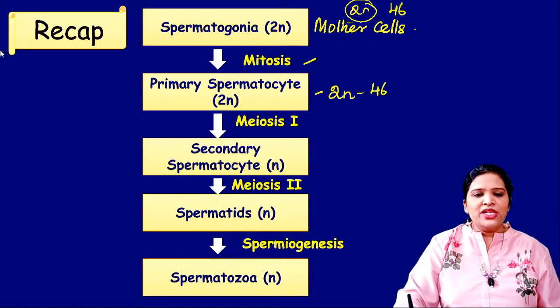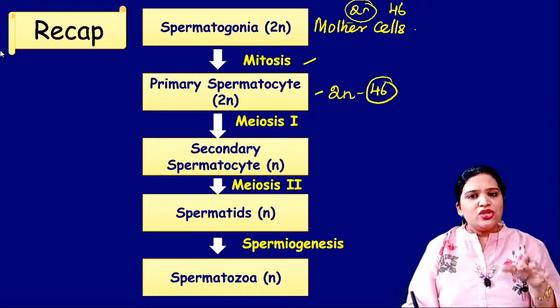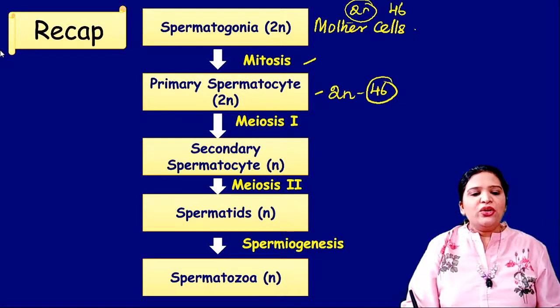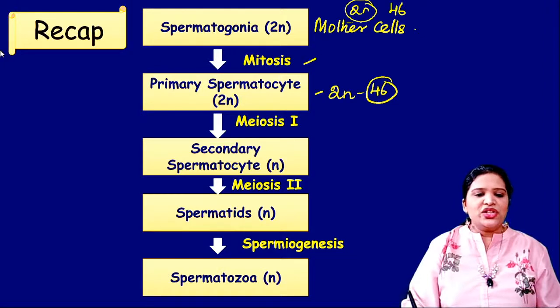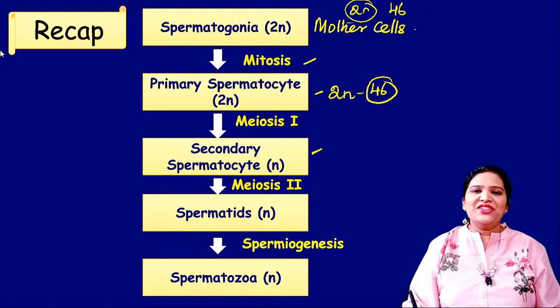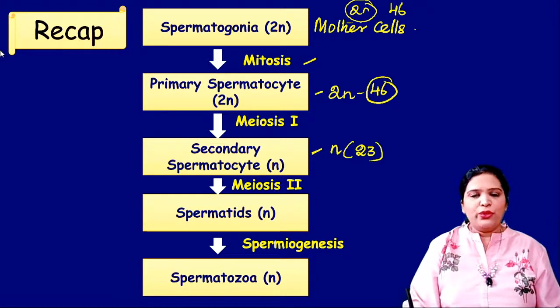Okay, right? Then half of the primary spermatocytes stop dividing and start growing, and they undergo meiotic cell division. They undergo two sets of meiotic cell division. In the first meiotic division, they become secondary spermatocytes with n chromosomes, that is half, 23 chromosomes.